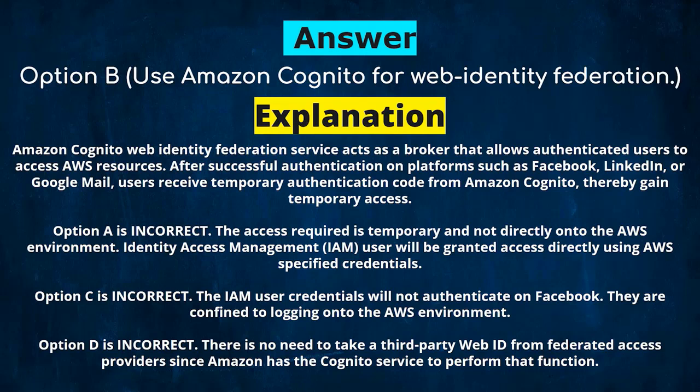The access required is temporary and not directly onto the AWS environment. Identity Access Management users will be granted access directly using AWS specified credentials. Option C is incorrect. The IAM user credential will not authenticate on Facebook. They are confined to logging onto the AWS environment. Option D is incorrect. There is no need to take a third-party web ID from federated access providers since Amazon has the Cognito service to perform that function.